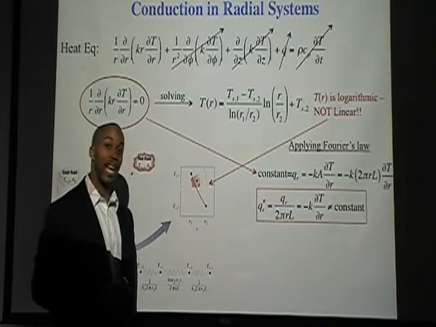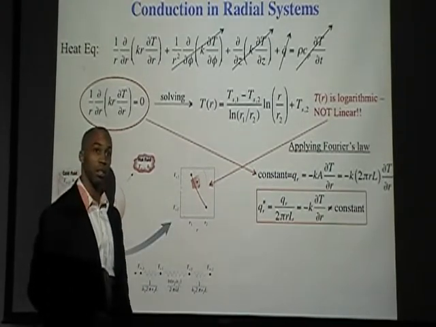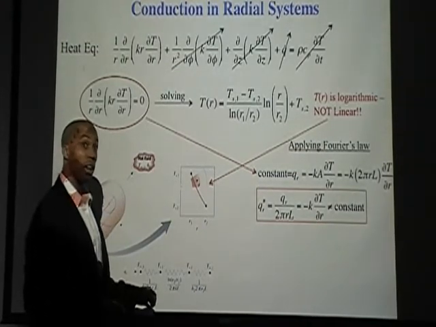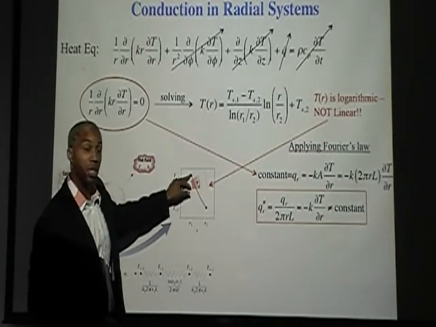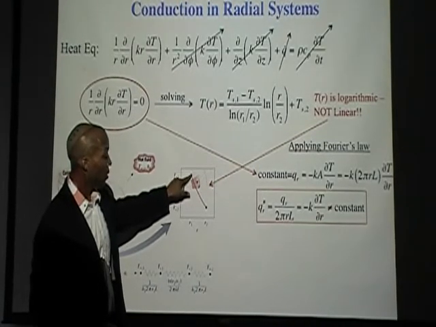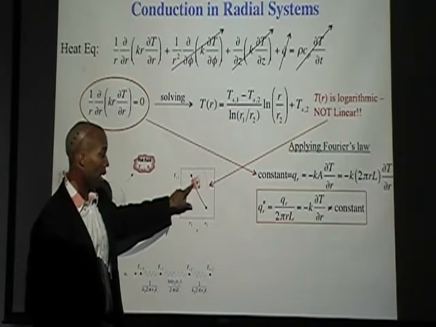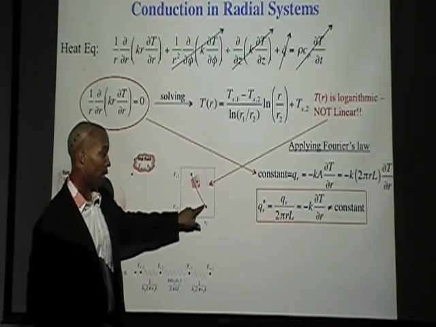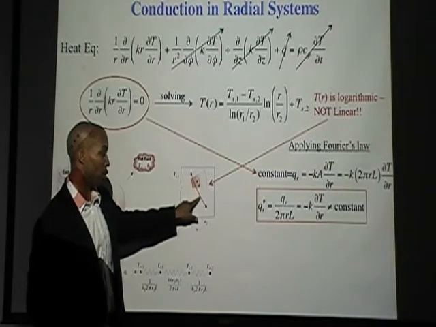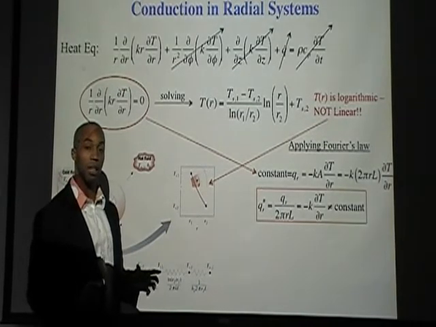And you can even see that in this plot of the temperature distribution, where at the beginning, the inside of our hollow cylinder, this line is steep. And as you approach the outside of the cylinder wall, this temperature distribution starts to flatten out a little bit. So that's the logarithmic relationship.